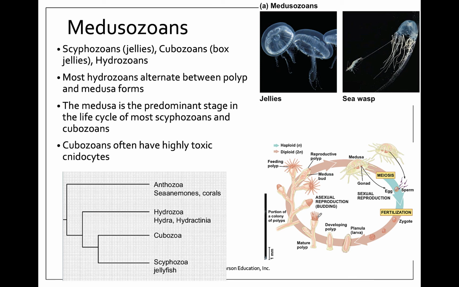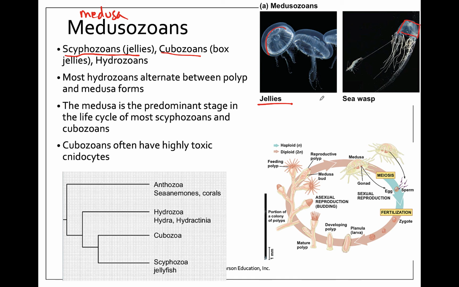There's two big subphyla of Cnidarians. The Medusazoa are all of the ones that produce a medusa body form. The Scyphozoa are the regular jellyfish, so those would be your typical bell-shaped jellyfish. And the Cubozoa are these box jellies that make up kind of a boxy cube instead of a bell.